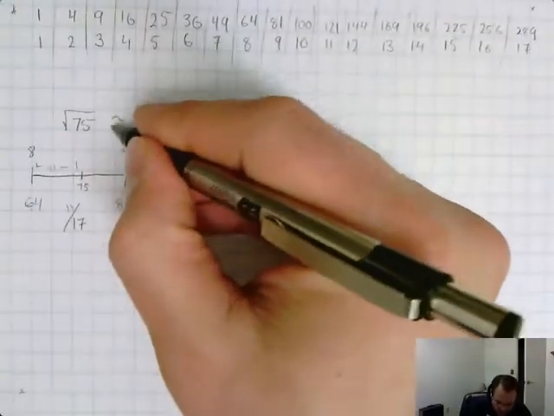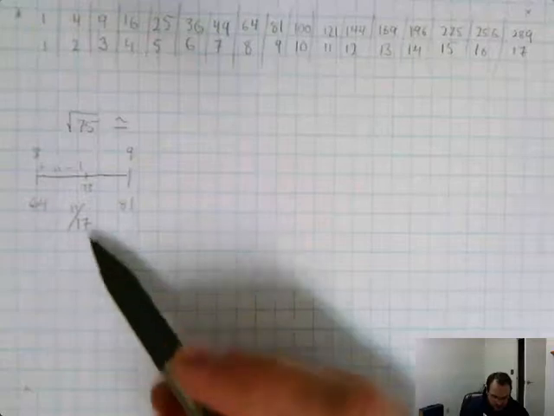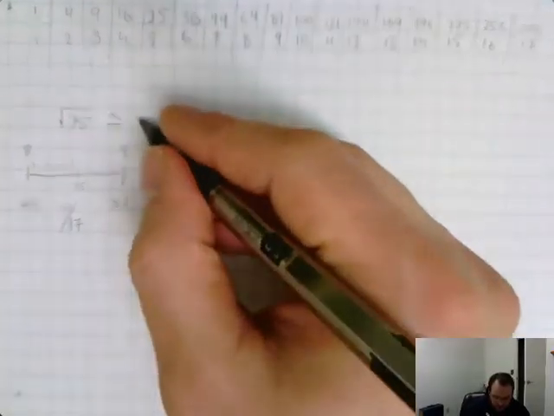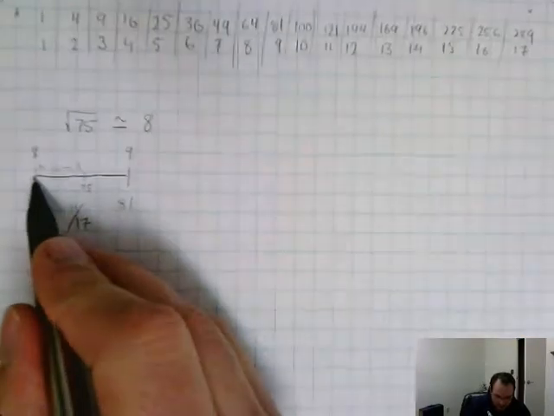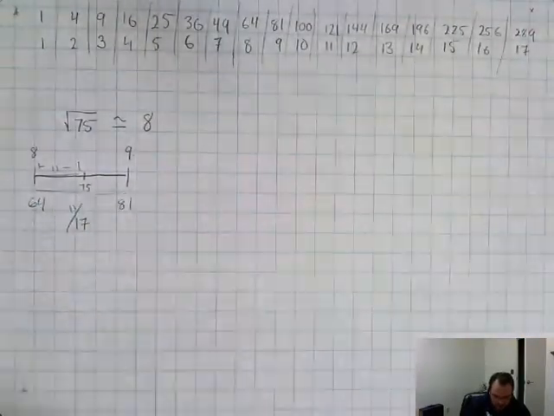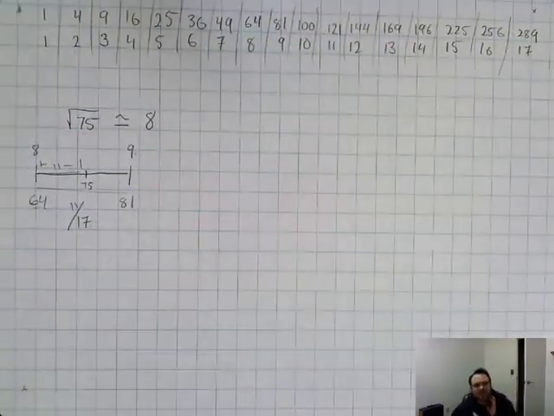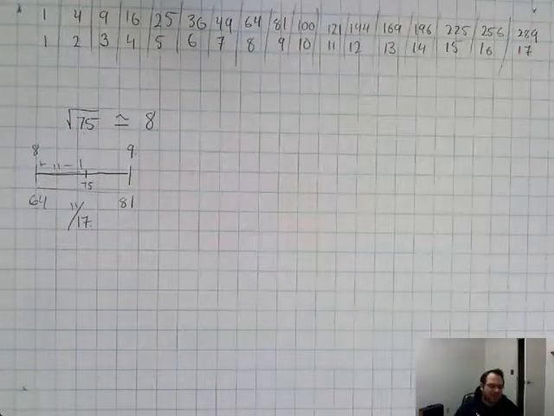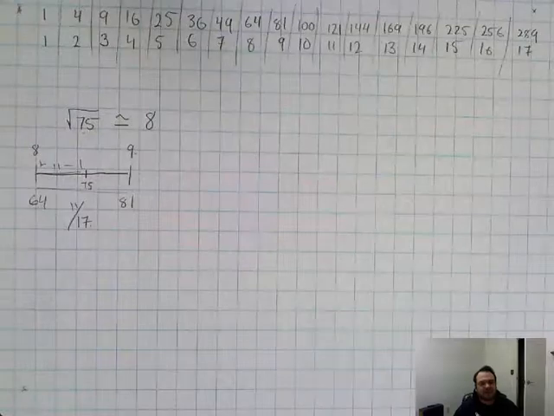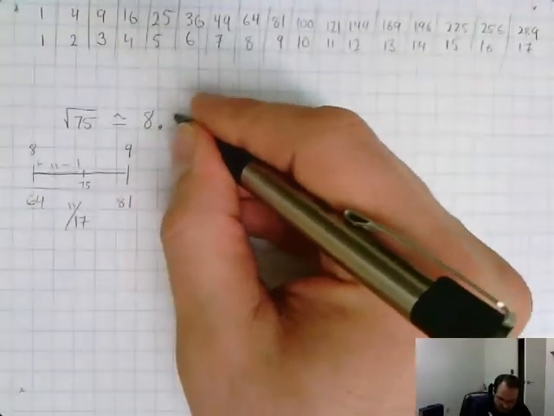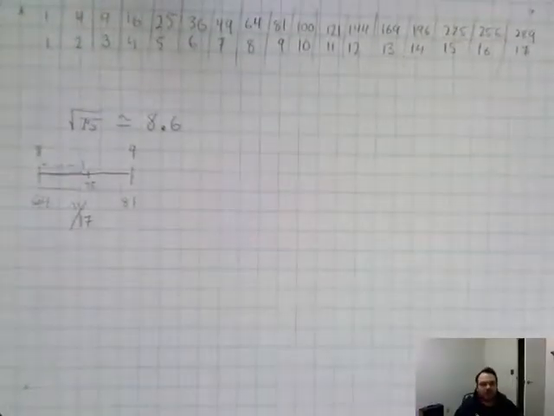It is 8 and 11/17 of the way to the next perfect square. 11/17 is past half, because half of 17 would be about 8.5. So I'm going to say roughly 8.6 is my answer.